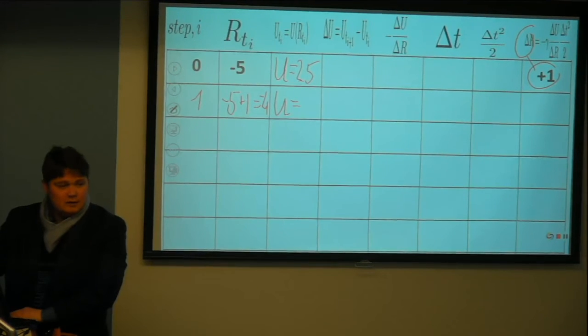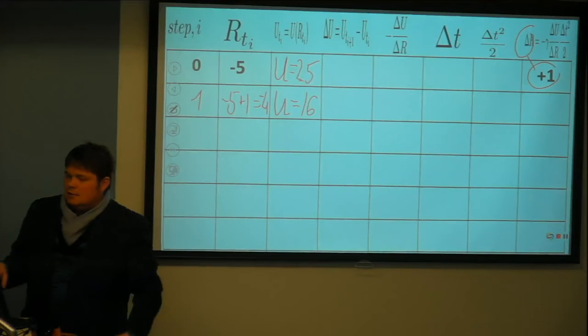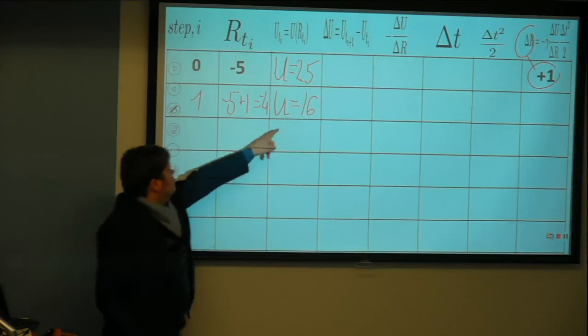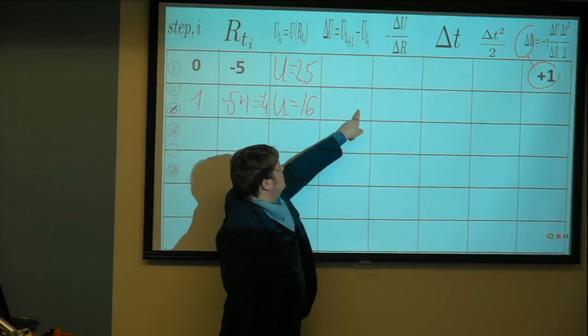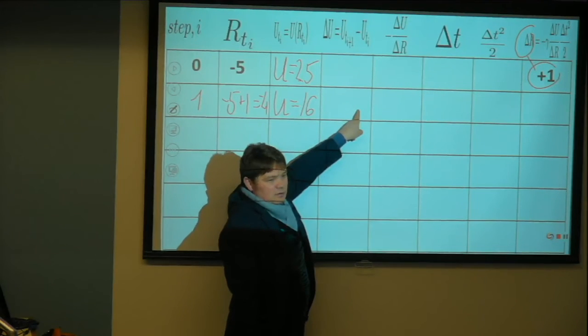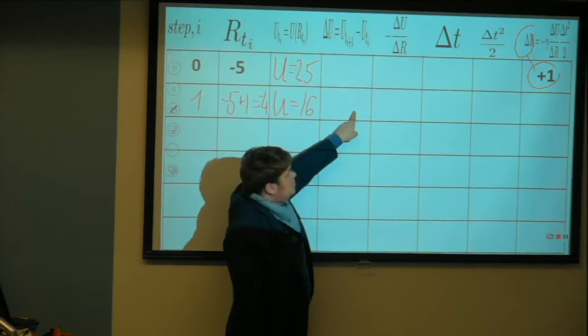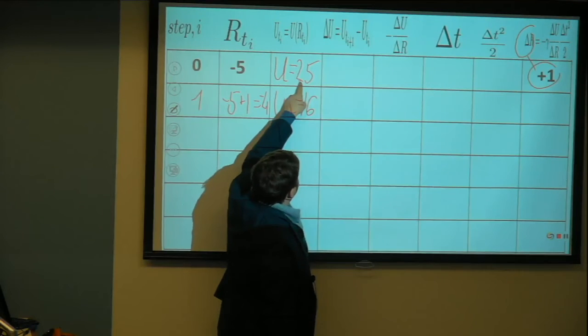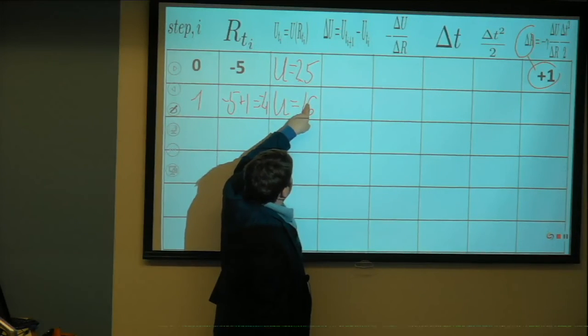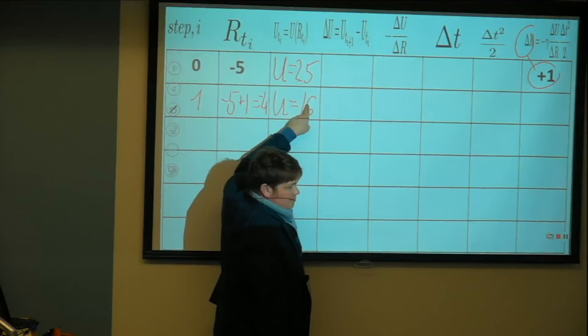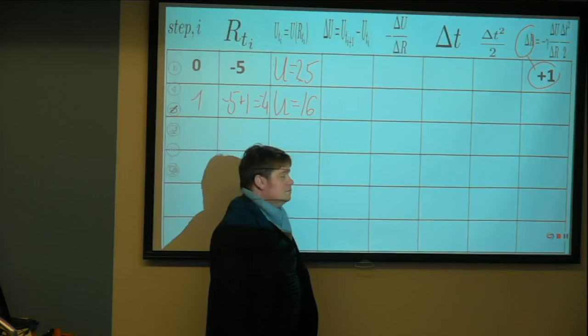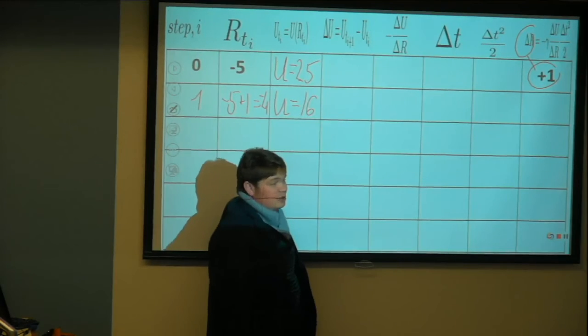How many? 16. Delta U. What will be the increment of the potential energy? 16 minus 25 should be minus 9. Both of them can be plus or minus, but positive, still 9.